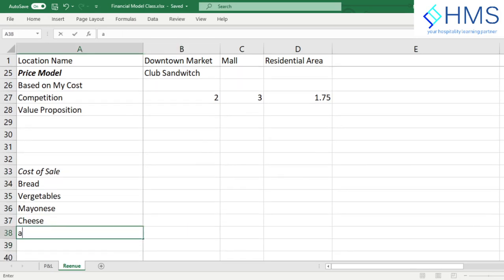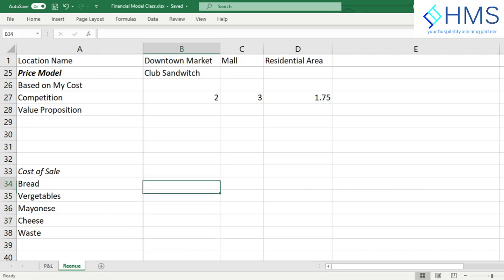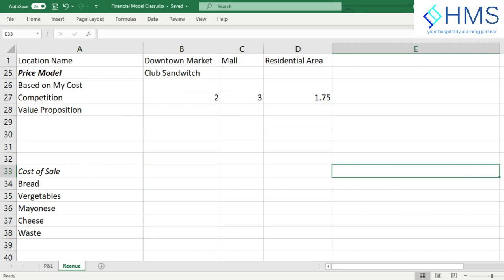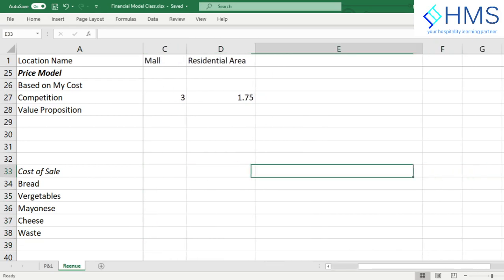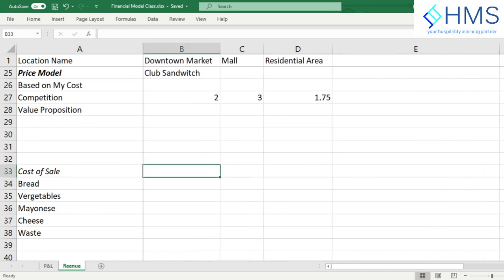Then there may be some waste while you are making this, and you can put the waste here, or you can put the waste when we are creating it. Normally what you have to do is have a quantity, how much you are going to use. So we will put here the cost of one portion.